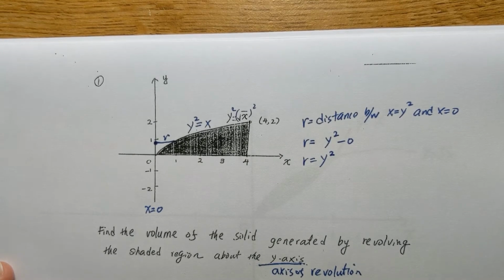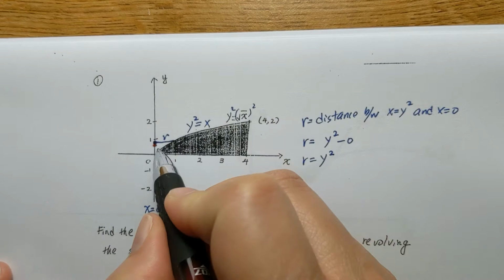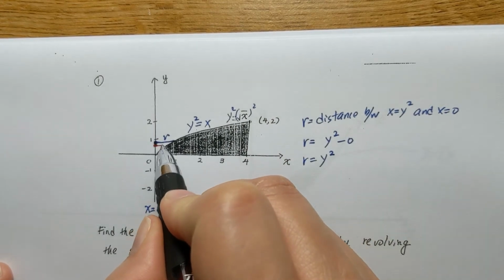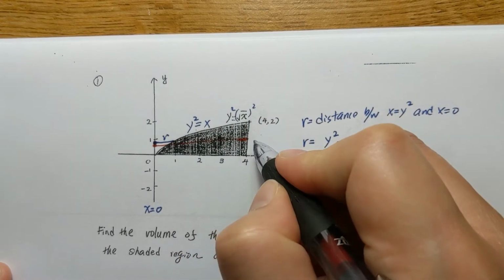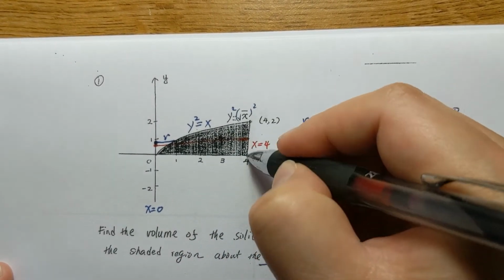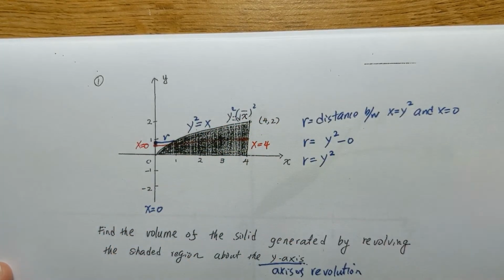Now we have to find the big radius. So we're going to go to this point over here. We are going to draw, and we pass the first curve, we go to the outer one. So this one here is x equal 4. This line is x equal 4. From x equal to 0 to x equal 4.